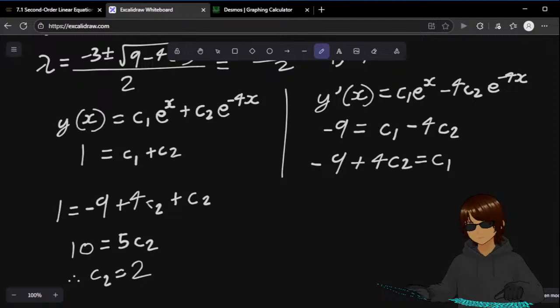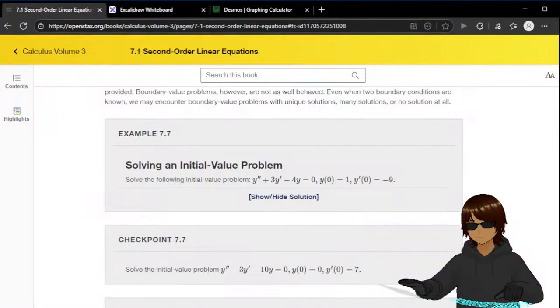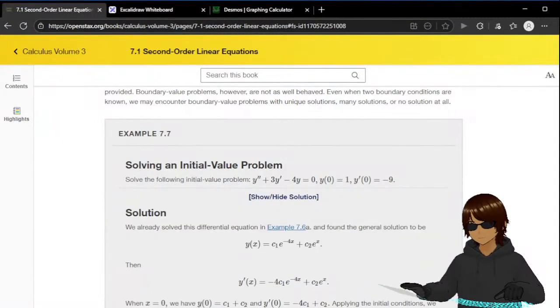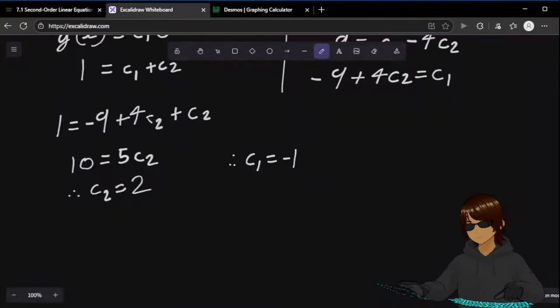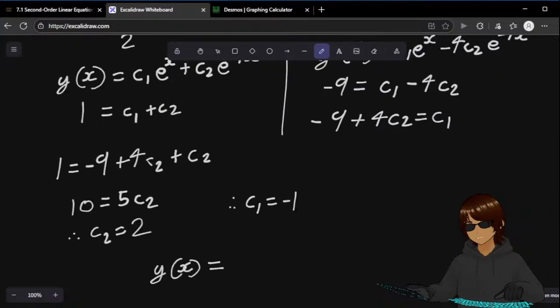And since this is 2, c1 is negative 1. So we have minus e to the power of x plus 2 e to the power of minus 4x.